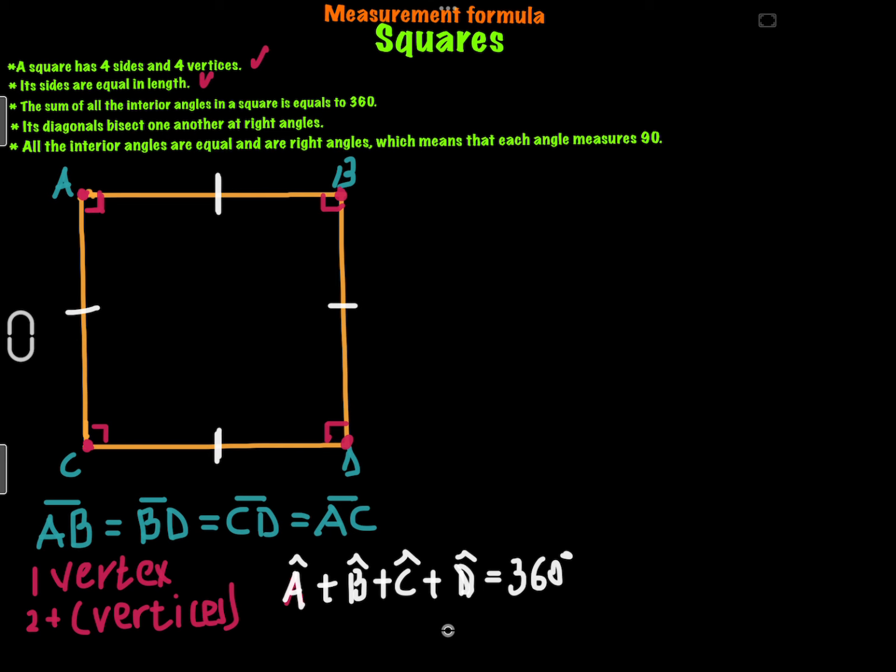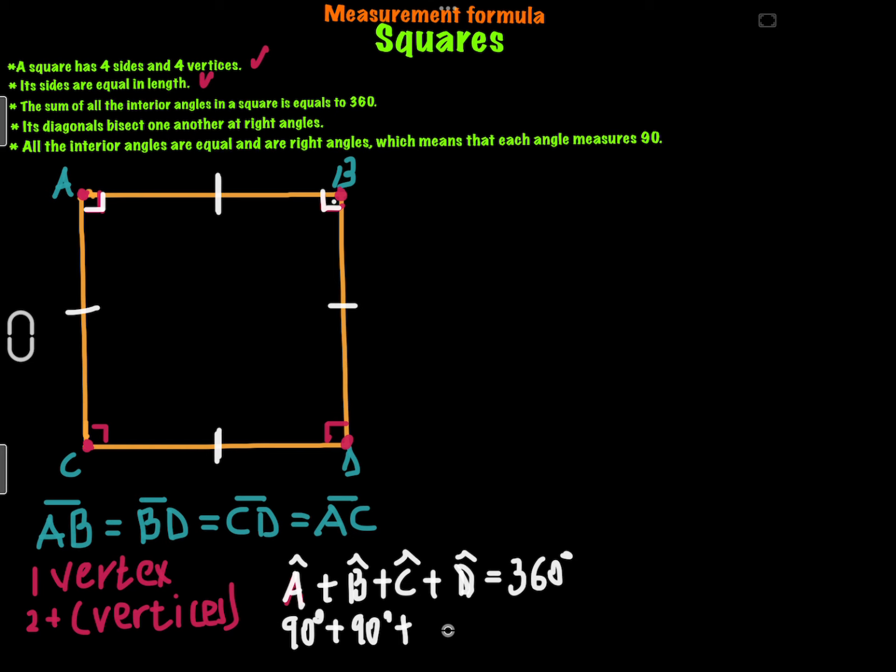360 degrees. In other words, when you look at angle A, this angle here, it's a 90-degree angle, and so is angle B, also forms a 90-degree angle.